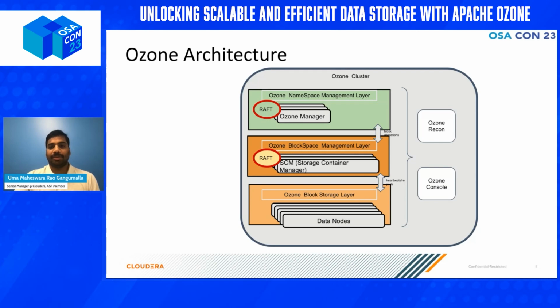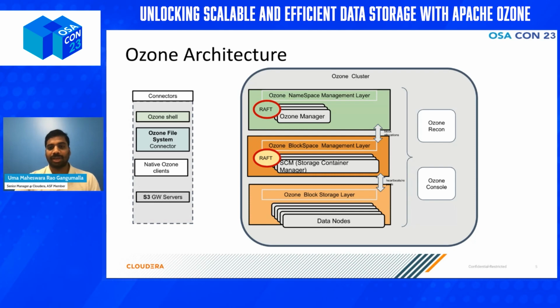We have another process for easy maintainability, Ozone Recon, which provides all the statistics details of the cluster, so that users can get insight into what is happening. The clients talk to the Ozone Manager, and underneath it we have Raft, which maintains the consistency to provide high availability.